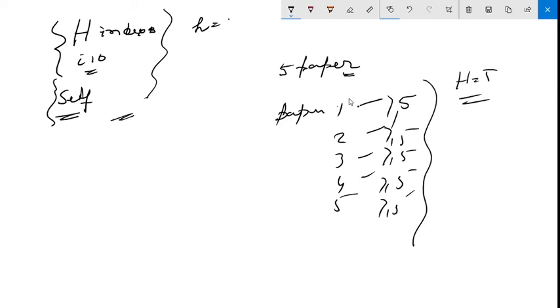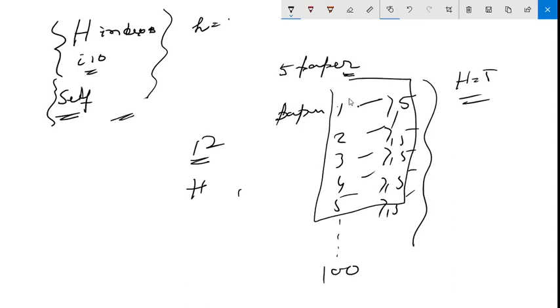This is the criterion. So let's say someone's H index is 12. That means 12 papers have each been cited at least 12 times. Let's say I have 100 papers, but only 5 of them have been cited a minimum of 5 times. So the H index will be 5.